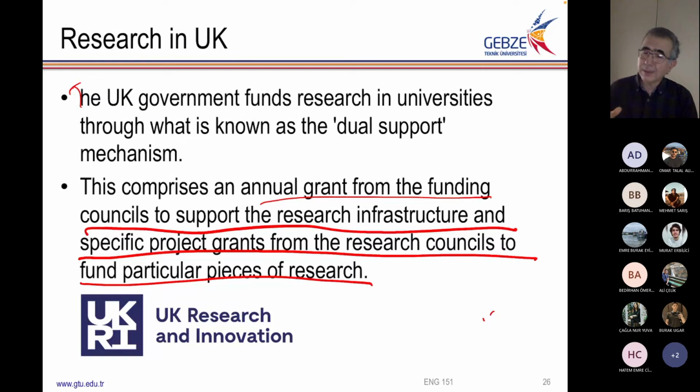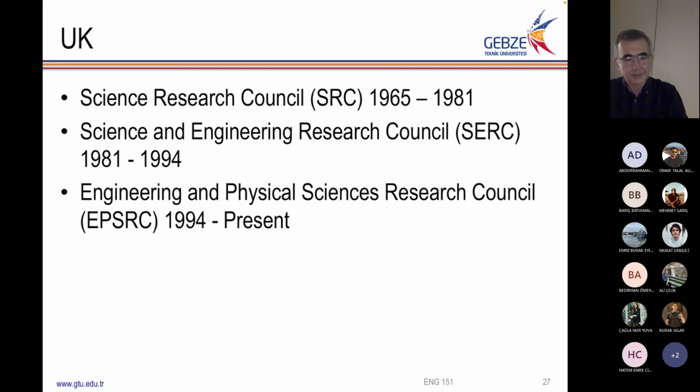But there is no single foundation in the United Kingdom to support research. It has a council: Science Research Council, Science and Engineering Research Council, Engineering and Physical Sciences Research Council. The name has changed, but in terms of budget, it doesn't distribute money as other countries do. It is just an organization.